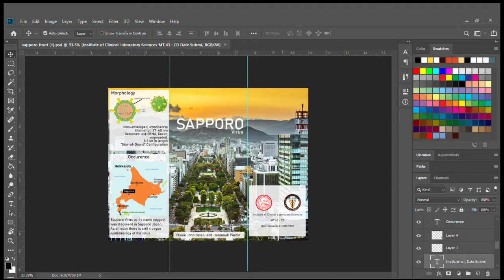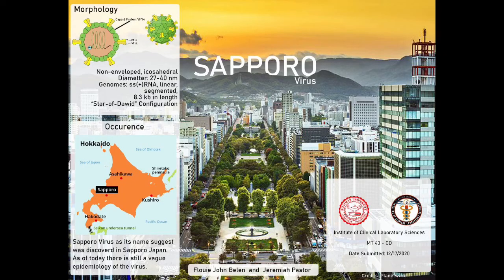So why did we choose this design? The front design showcases Sapporo City, where the Sapporo virus initially originated. It also has the morphology and epidemiology of the virus, and the credits.